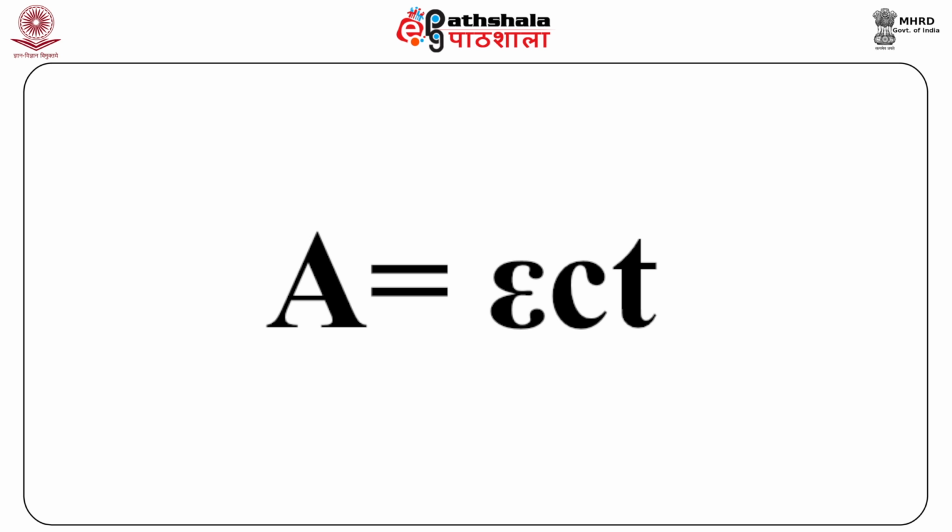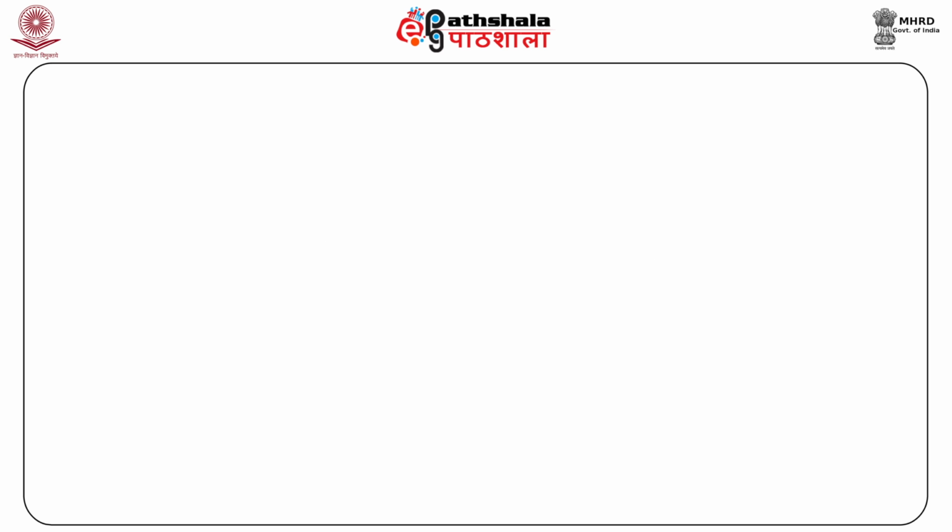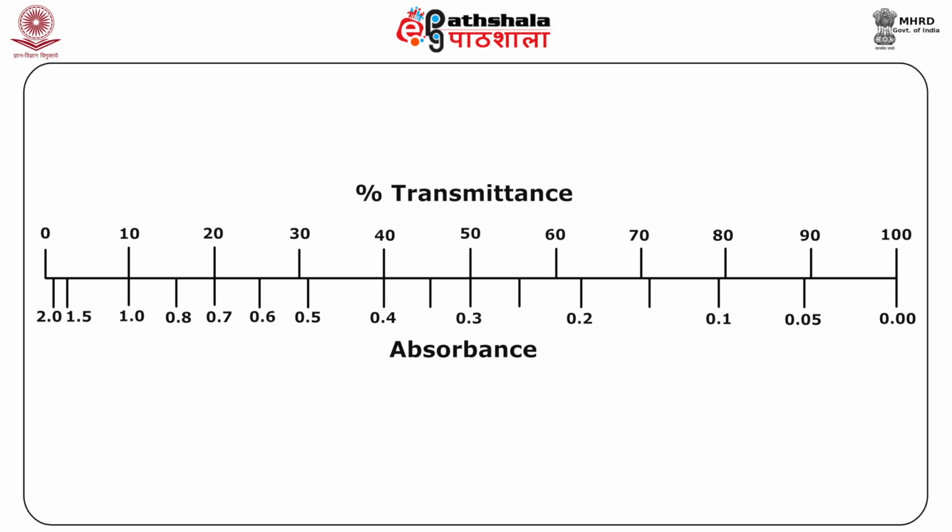It is given the units centimeter square per mole. C represents the concentration of the given solution in units of moles per liter. T is the path length, normally 10 millimeter or 1 centimeter. Absorbance is a dimensionless quantity.